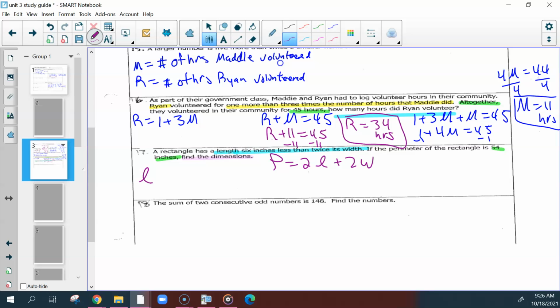How would we set up this equation for our length? 6 inches less than twice its width. So 6 minus 2W? What does that "less than" tell you to do? 2W minus 6. So we have to move that to the end, 2W minus 6.